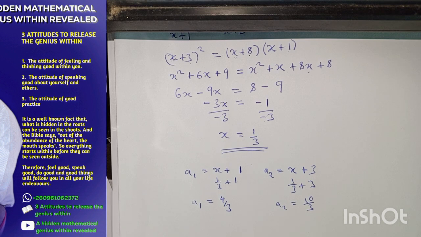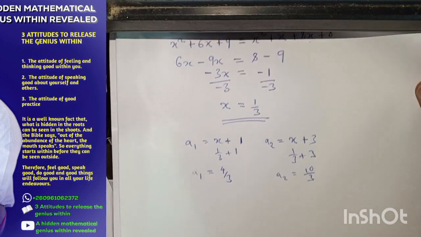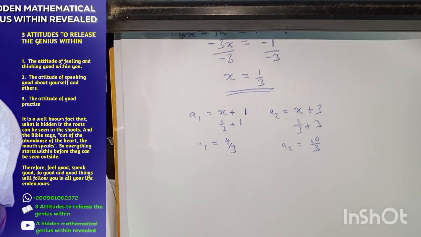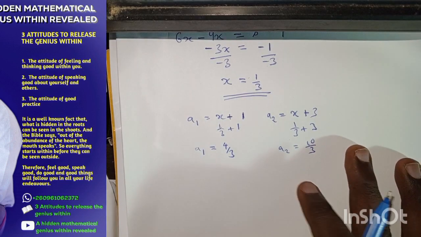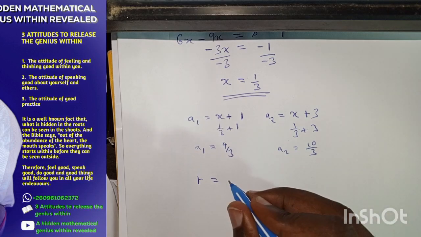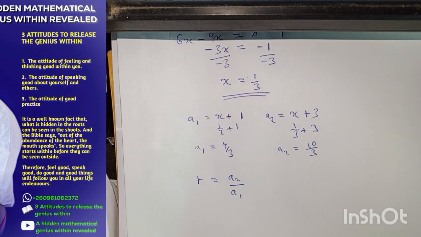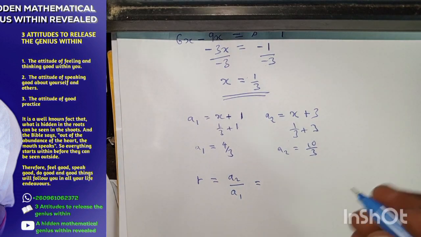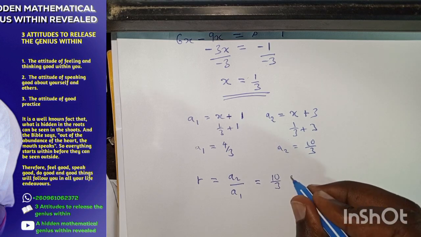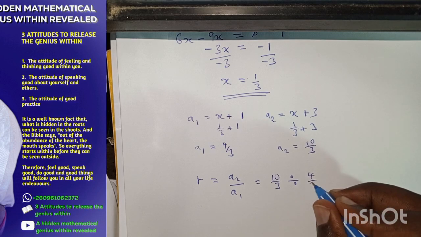So to find a common ratio, you can just divide. It is second term divided by first term. Okay, so we'll say common ratio denoted by R. So R is equal to second term over first term. So this is equal to the second term, 10 over 3, divided by the first term, 4 over 3.